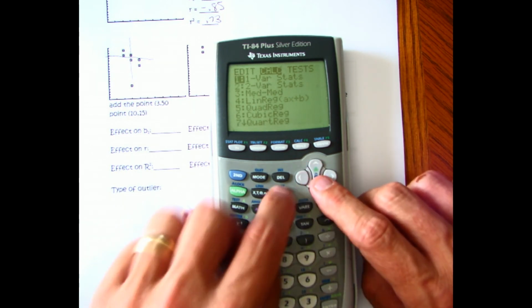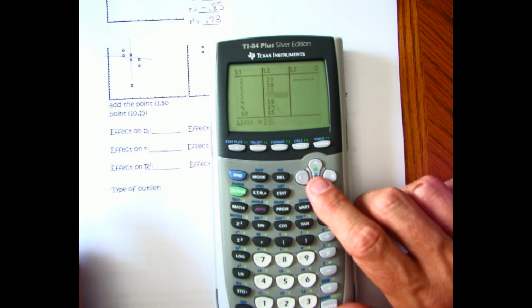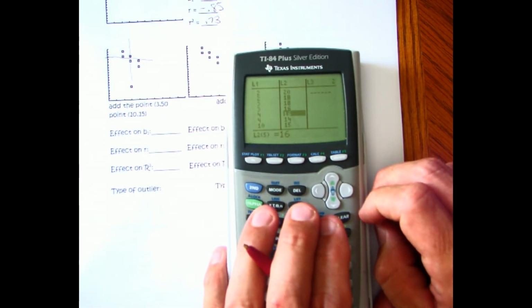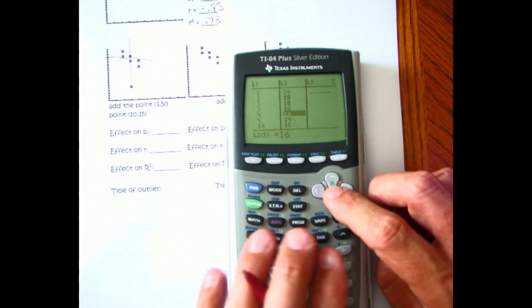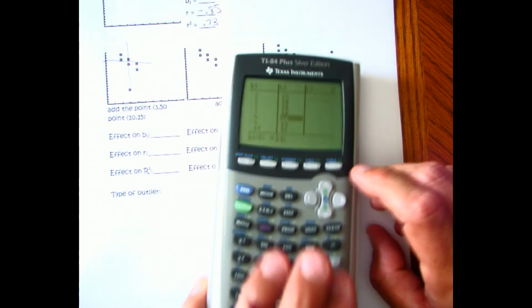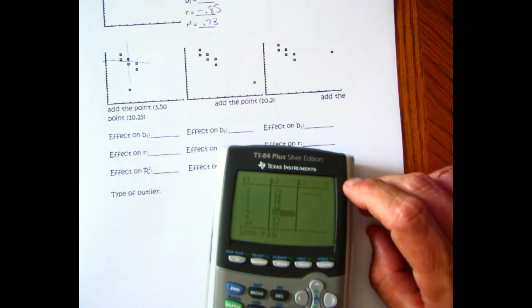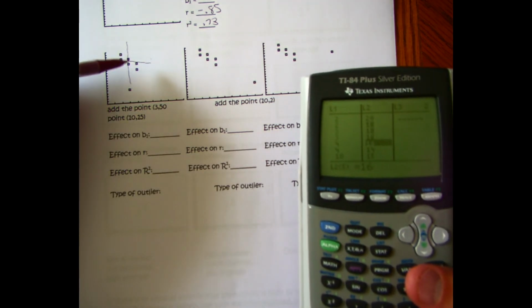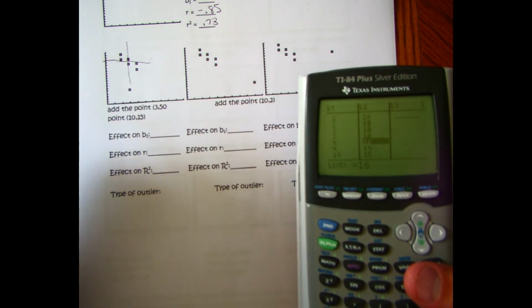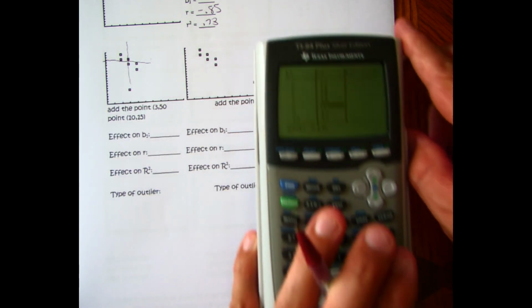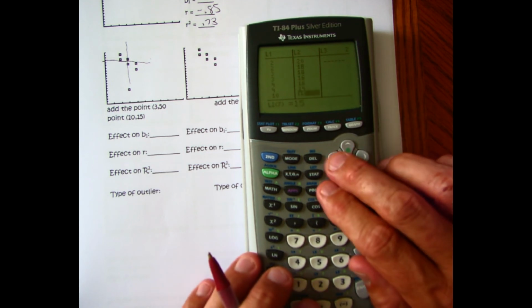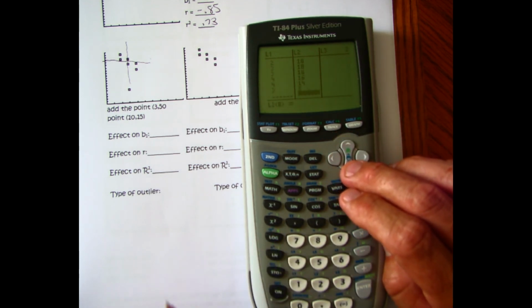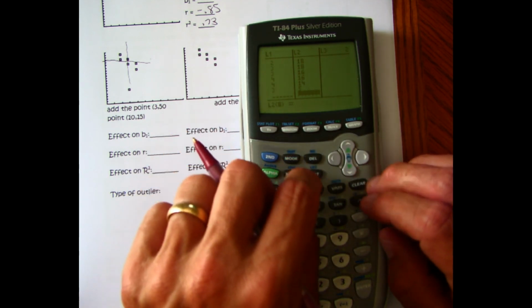Let's see, add the point, this is supposed to be 3.5. We're going to add that, and let's see what happens when we calculate that.